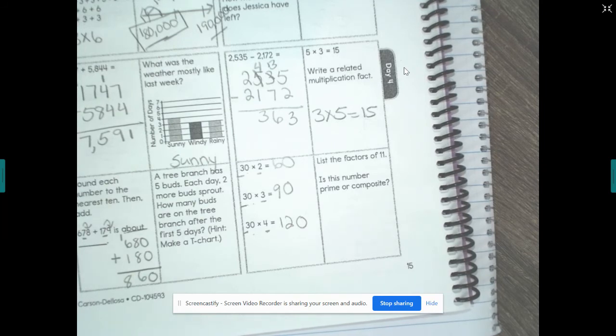All right, list the factors of 11. Remember, factors are numbers you multiply together to get 11. So the first thing I'm going to start with is my 1 times 11.